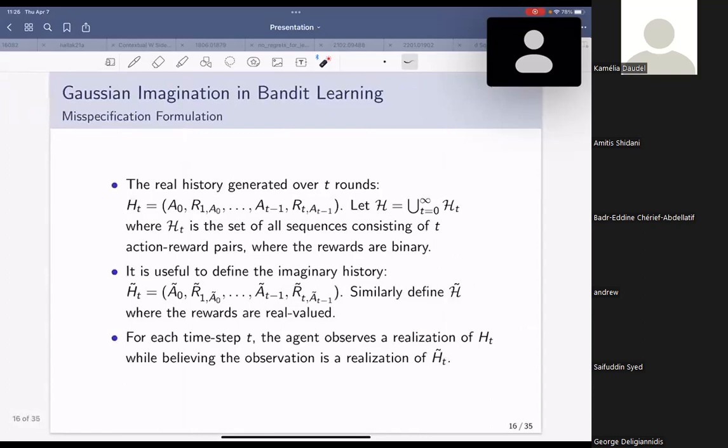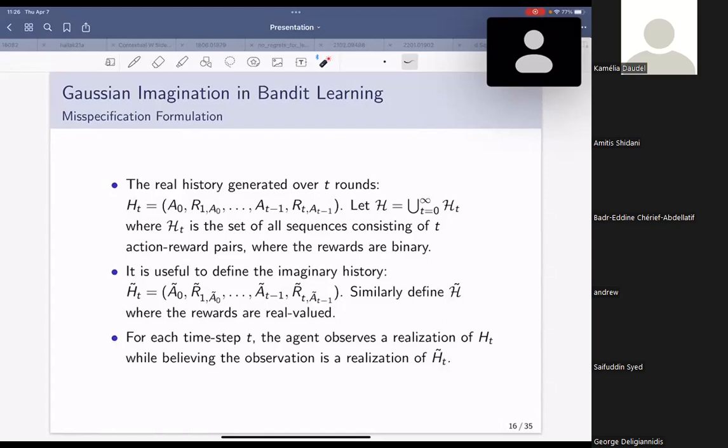And so what happens in the real world is the real history. H of t, defined the same as before, is the real history, and H here is just the union of all possible histories. But the agent believes that there could be other histories as well, because it believes that it's living in another environment.